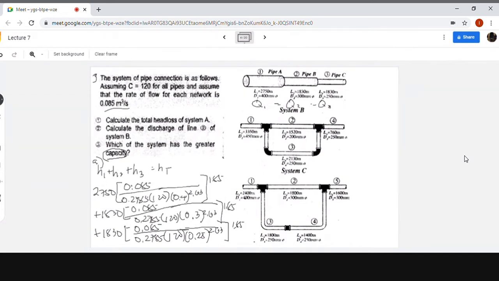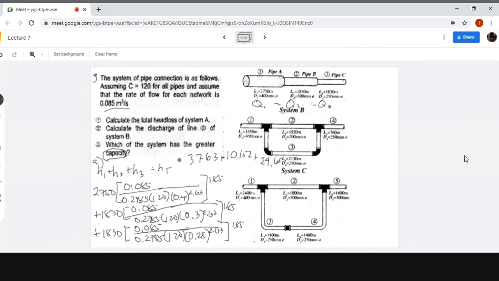So the first term is 2750.4, which is equal to 37.63, plus 1830.3, which is 10.152, plus 24.652.